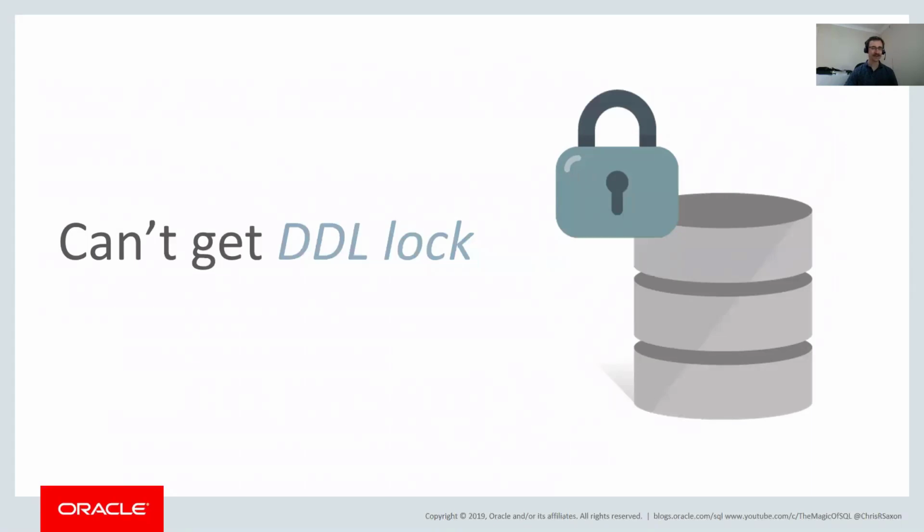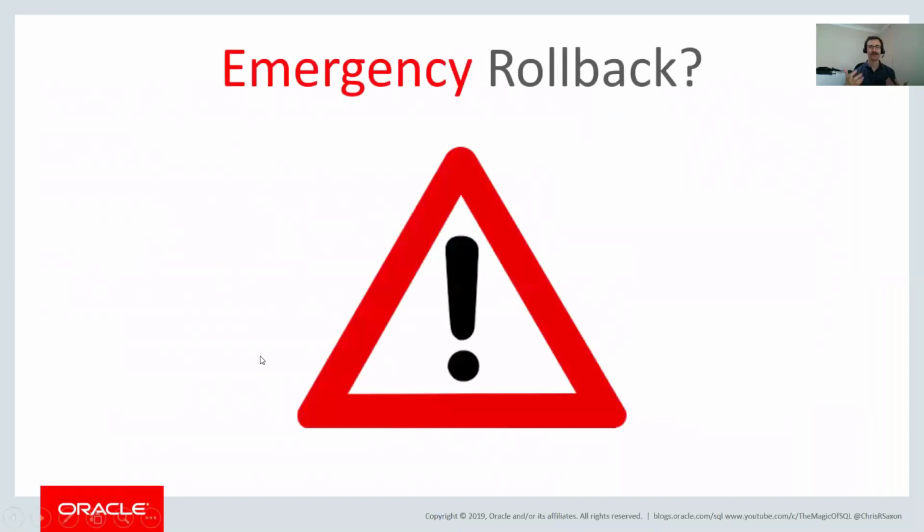And actually, there's another problem as well. You can do this release, and everything looks fine. You bring the application back online, and things are going okay. But then, you've done it at 3 a.m., and at 10 or 11 a.m. that later morning, when you're reaching peak activity for the application, things start to go wrong. Things start to break. And now you're in a situation where we need to call an emergency rollback.